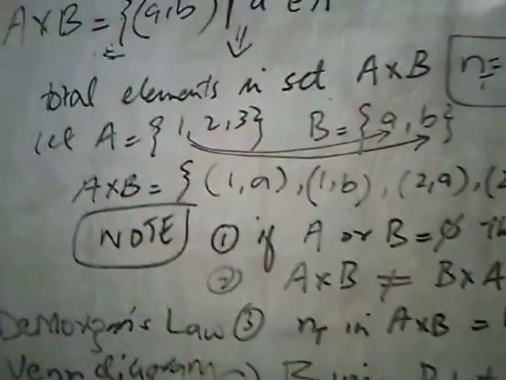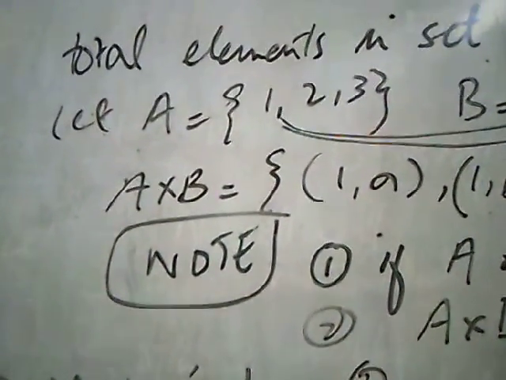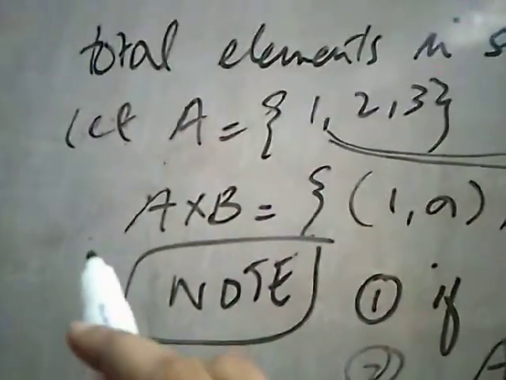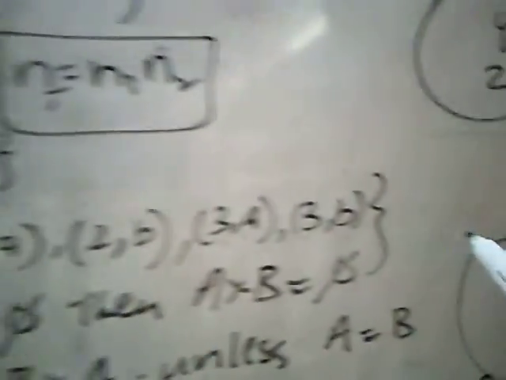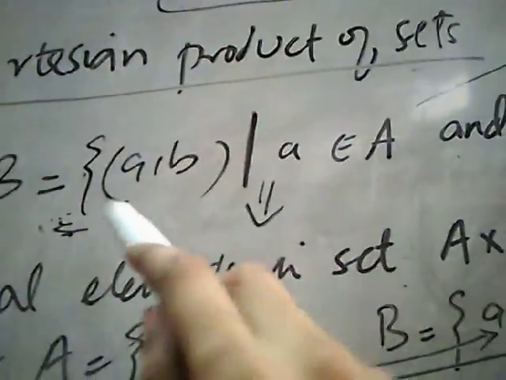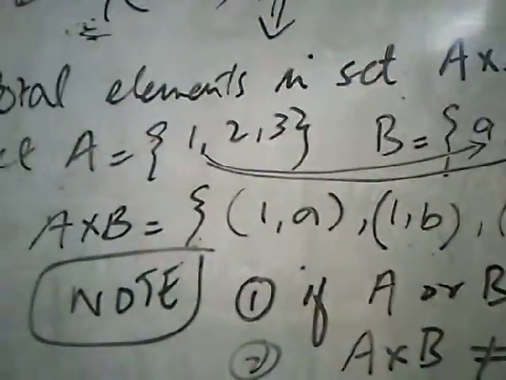Take the example of set A {1, 2, 3} and set B {a, b} with curly brackets. Now you are required to find the Cartesian product of A and B. You write A cross B equals, since it is a set, we'll start with a curly bracket and end with a curly bracket. We said that A cross B is a set of ordered pairs, so we'll start making ordered pairs.